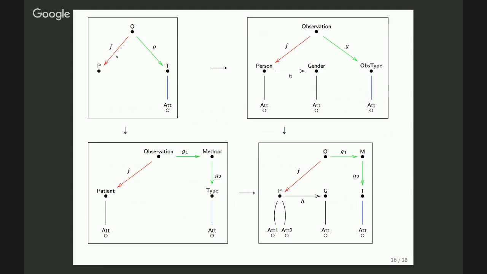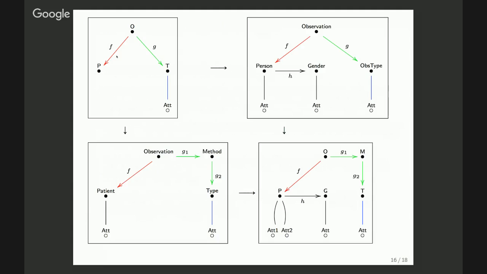And in one of the schemas, in the lower left, there's an entity called method, which you can think of as being the method by which the observation was taken. So for example, patient self-report or a blood pressure cuff or a nurse or what have you.